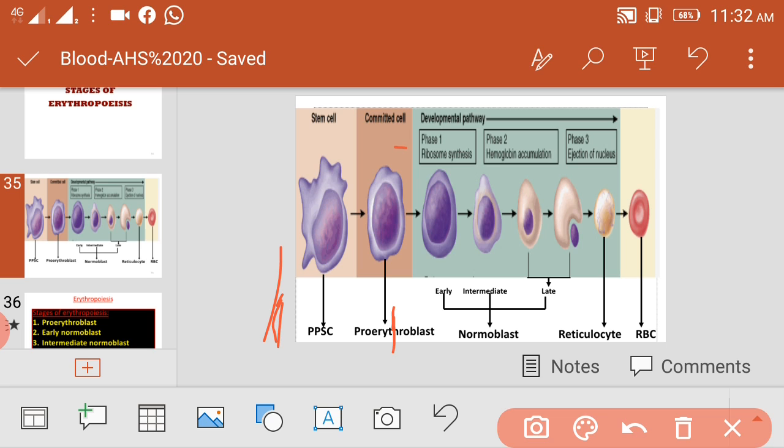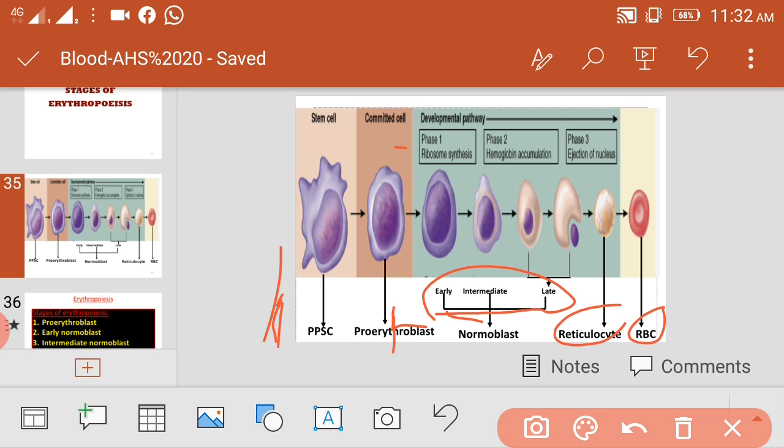The pluripotent stem cell, PPSC, is like a mother. From it, it will form committed cells, and we call it a proerythroblast. From the proerythroblast it forms a normoblast. The normoblast will form early, intermediate and late normoblast, then reticulocyte, then RBC cells.